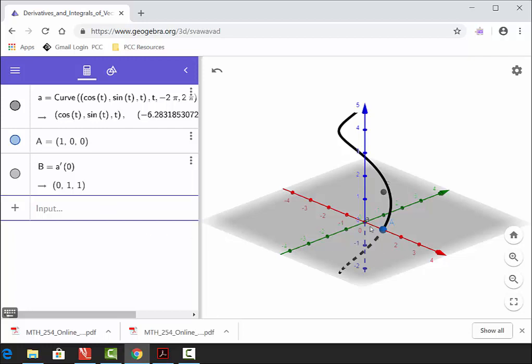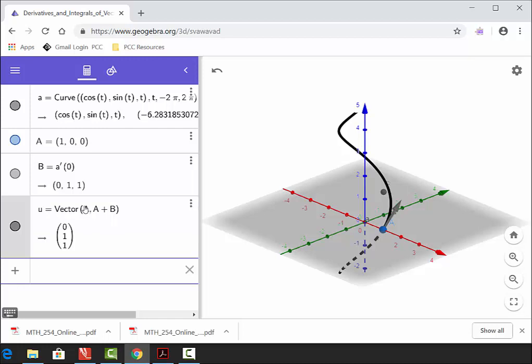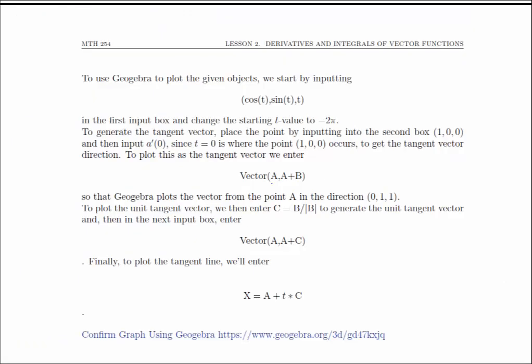So what we really want is the tangent vector at A, so I'm going to type in vector of A plus B, and this gets us the vector from the point A in the direction of B from A, doing A plus B here. And so that's what the instructions right here in the middle are saying to do, so that GeoGebra plots the vector from the point A in the direction of 0, 1, 1.